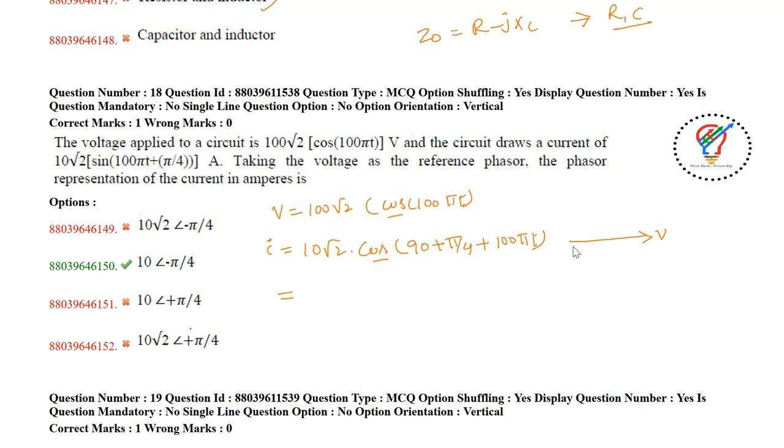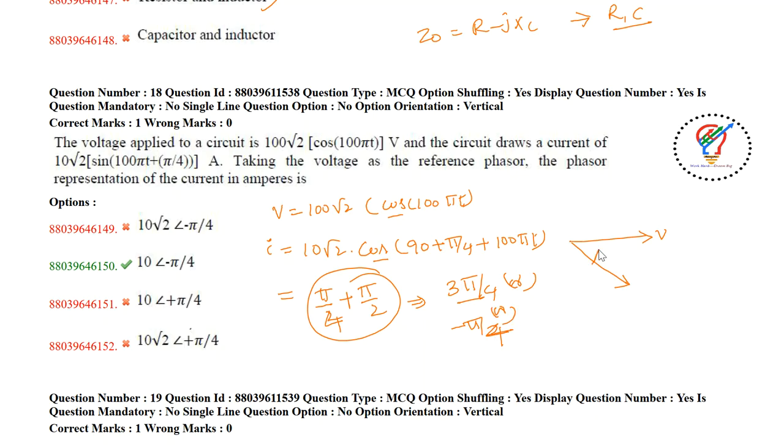Now I will redraw the phasor here like this. Now the angle difference between them is pi by 2 and pi by 4, so the difference resembles 3 pi by 4 or minus pi by 4, both are equal values only, right?